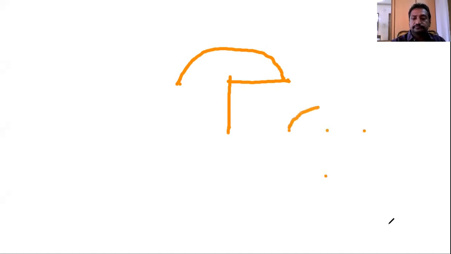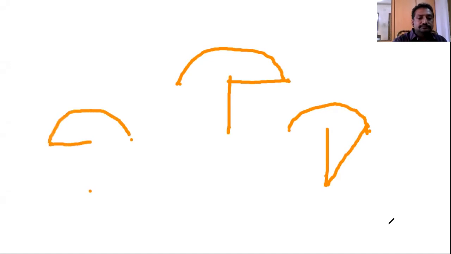So here, this is also one tree. For example, you'll see here, how many branches are there? Anywhere 3 branches only. So these are the trees. So this is also a tree.